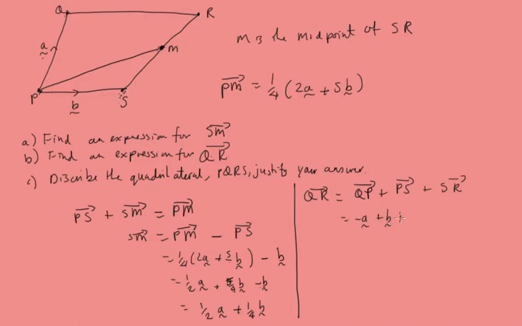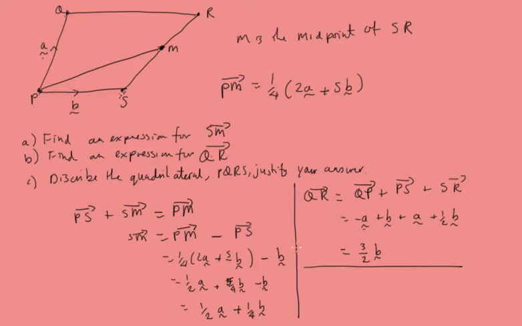So this is plus, SM is what we've just got here, so this is going to be plus A plus a half B, so the A's cancel, and we get 3 over 2 B.